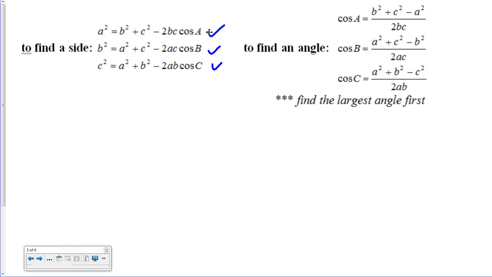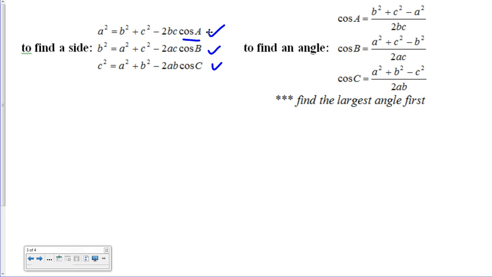But to find an angle, it will often be easier to use cosine A equals whatever's the rest. Now, this is not a different equation than this. These are equivalent. All I did was solve for cosine A, and when I solve for cosine A, I get what the right side is.